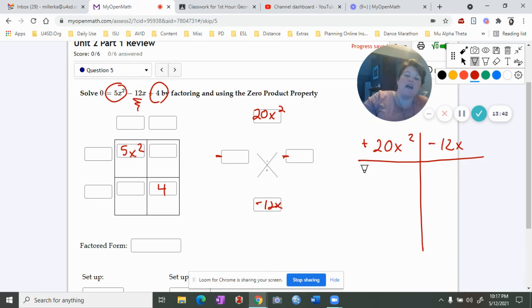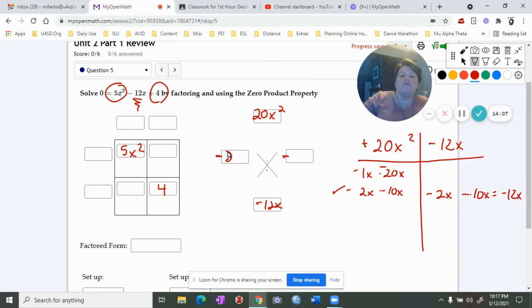All right, so my go-tos are 1x times 20x, 2x times 10x. Oh, wait a minute. Let's put those signs in there. So this definitely does not add to negative 12, but this one does, right? So that's negative 12x. All right, I like that one.